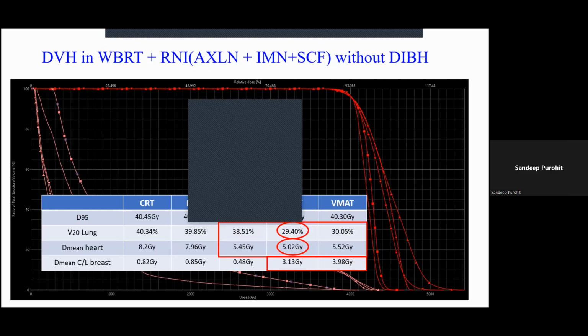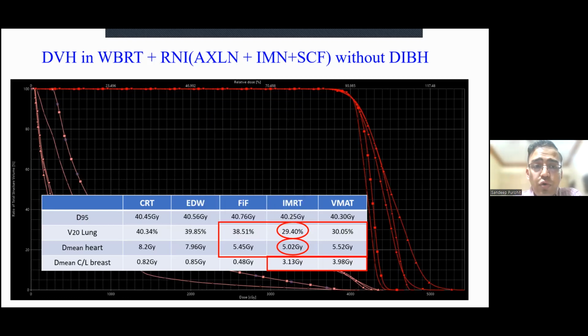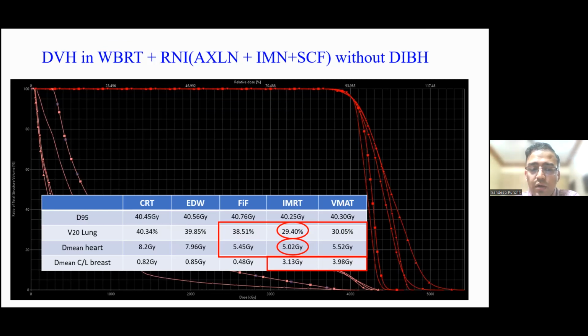So as I was saying, with patients with whole breast RT given regional nodal irradiation without DIBH, all these 3 plans, field in field, IMRT, and VMAT, showed significantly lower doses to the lung as well as heart. But with IMRT and VMAT, the doses to the contralateral breast had increased.